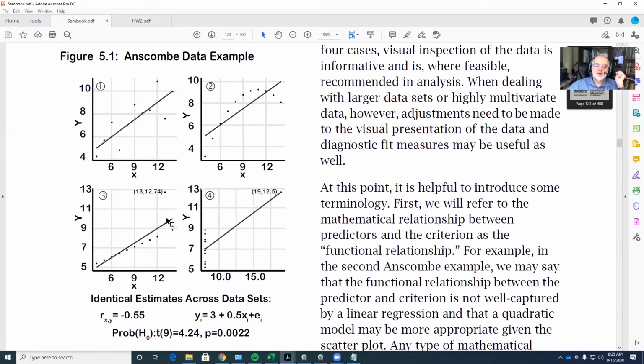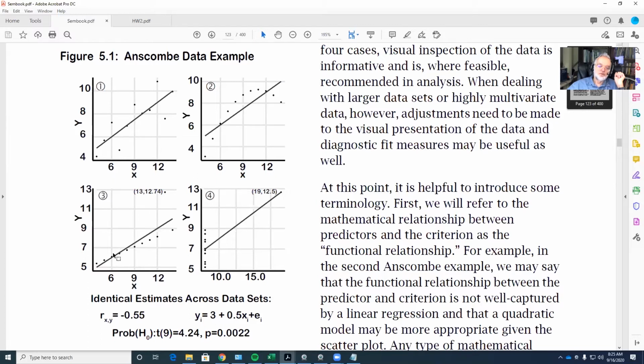This particular data point, which causes my regression line to have a lot more errors in it than it otherwise would, is called an outlying observation, an outlier.